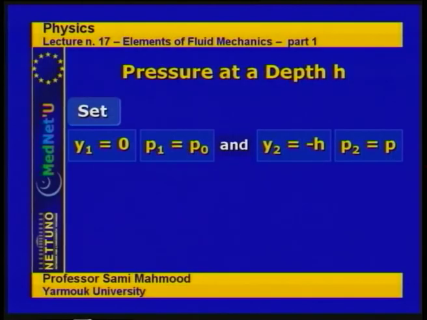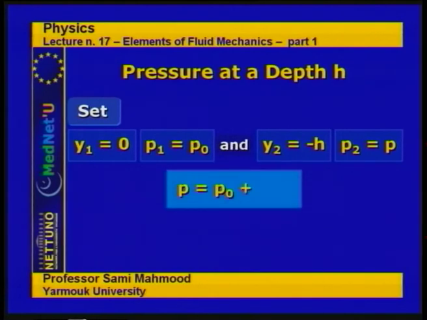We substitute these quantities in the previously developed equation, and that gives us P, which is P2, equal to P naught, which is P1, plus rho times g times y1 minus y2. y1 is 0, y2 is minus h, so that gives us rho gh.